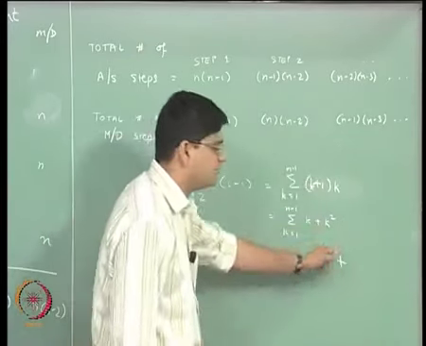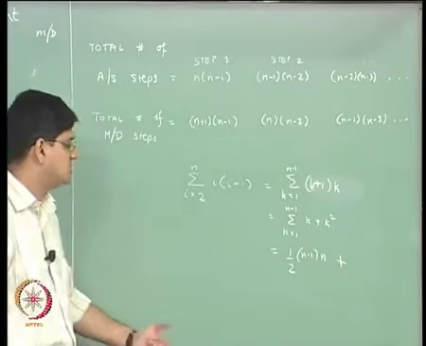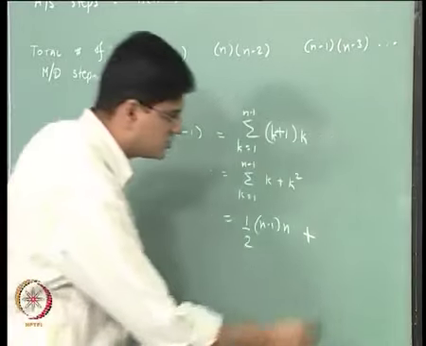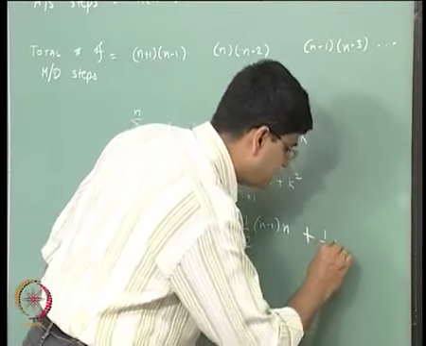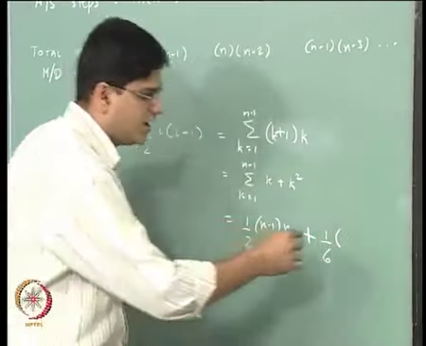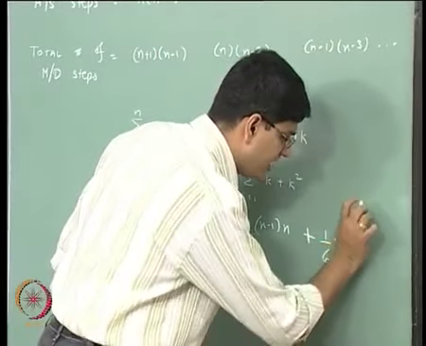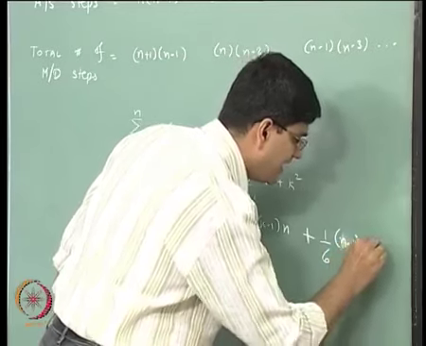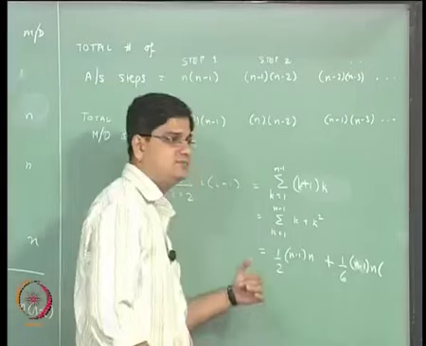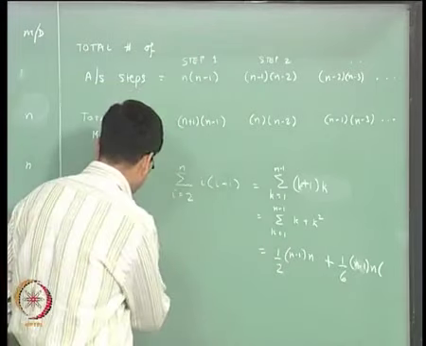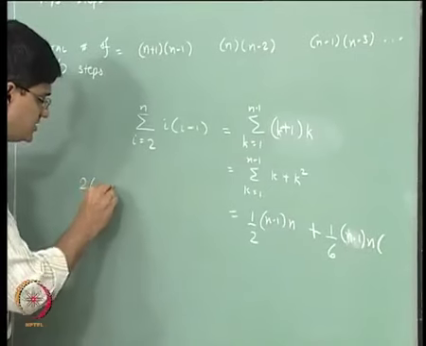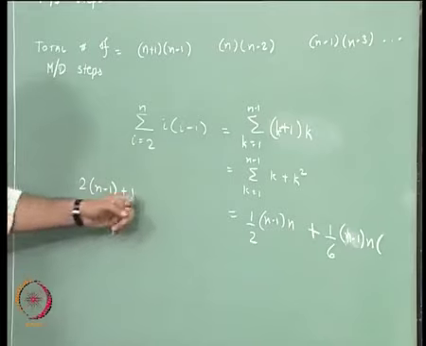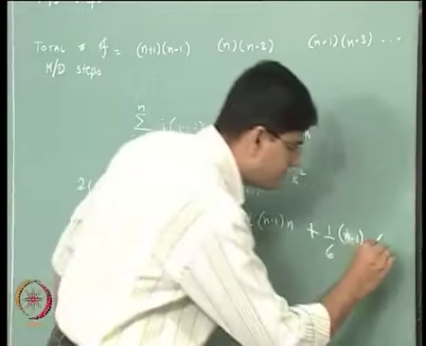And the summation of k square from k equal to 1 to n minus 1 is going to be 1 by 6 multiplied by n minus 1, multiplied by n, multiplied by 2 times n minus 1 plus 1, and that is 2n minus 2 plus 1, which is 2n minus 1.